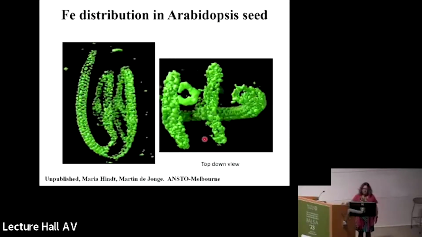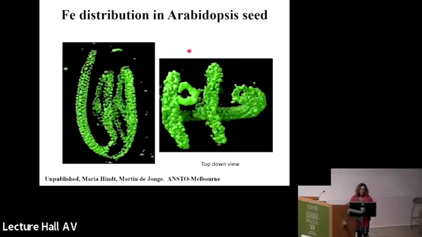And I went back and looked at some old unpublished data that was collected by a student of mine, Maria Hint, with a great deal of help from Martin de Jonge at the Australian Synchrotron. So again, here now iron's in green, there's our radicle, there's our 2 cotyledons. Here's that little cap of iron I was just talking about.